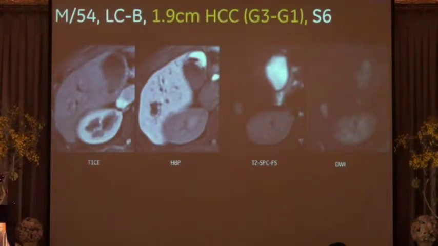Let me show you 2 examples of lesion conspicuity, grade 3 and grade 1. The first case was a 54-year-old male patient with a 1.59 cm HCC in segment 6. EOB MRI showed typical HCC findings with an irregular margin.